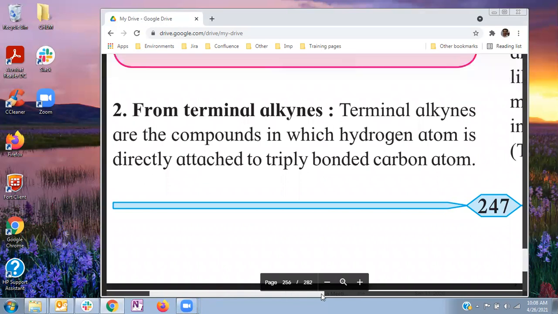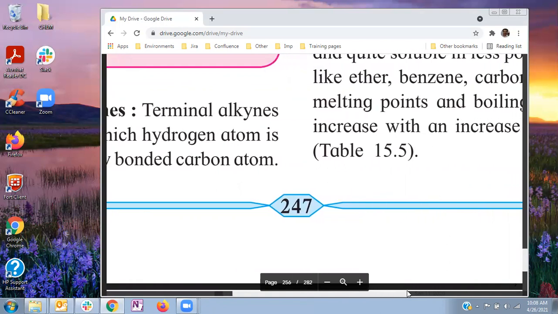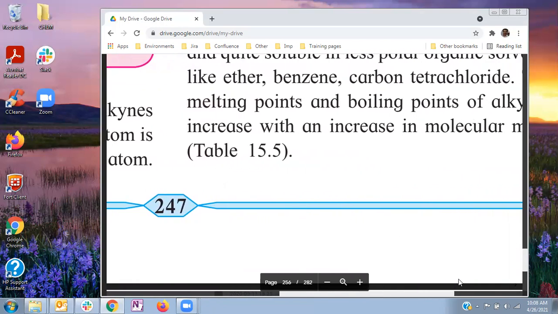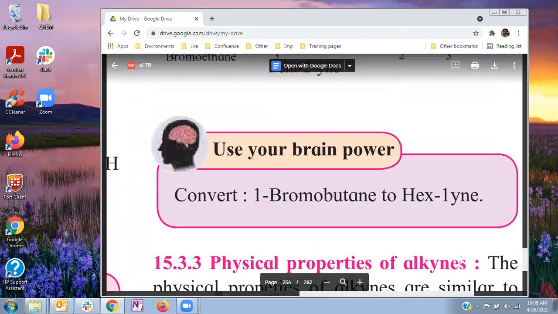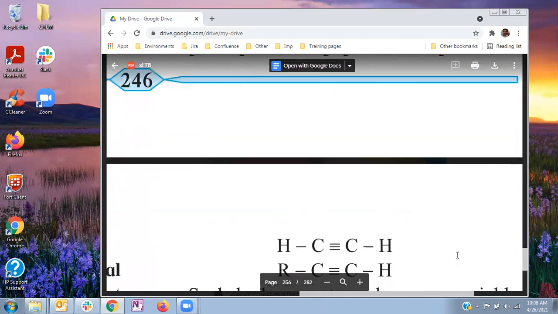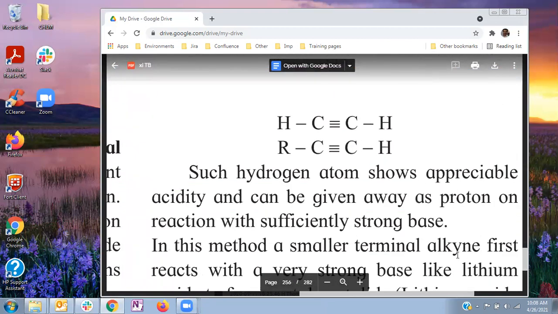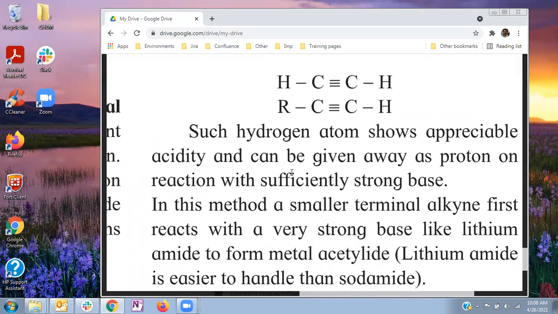Here acetylene and alkyl acetylenes are the terminal alkynes.